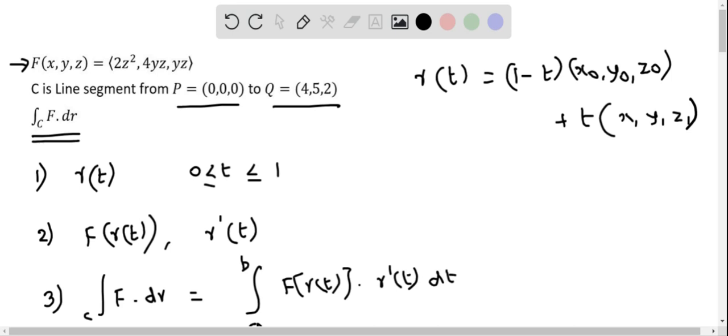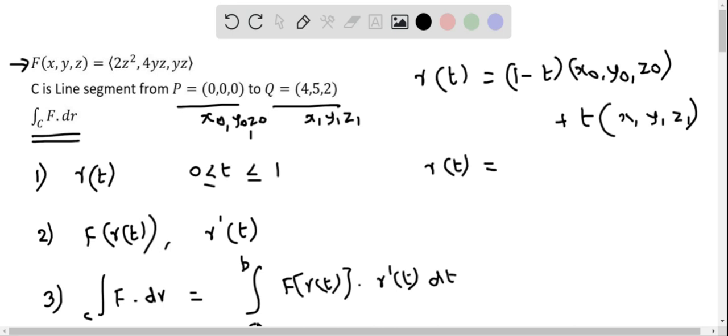This is the formula we use to parameterize the line segment, where t goes from 0 to 1. So let's substitute the corresponding points. The point P is considered as x naught, y naught, z naught, and point Q is considered as x1, y1, z1.